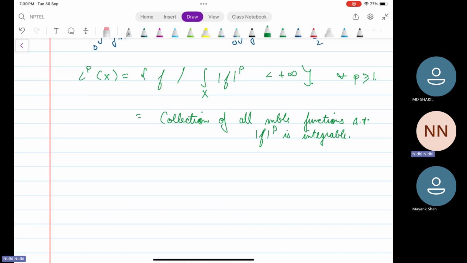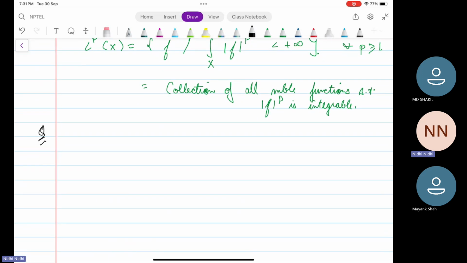Then we have a very good inequality. We call it the generalized Hölder inequality, and the Hölder inequality. I wanted to explain its proof. Let's see.